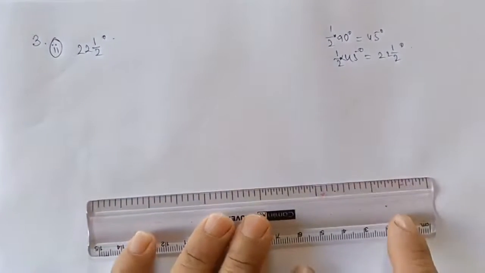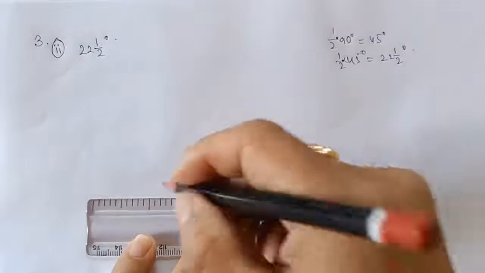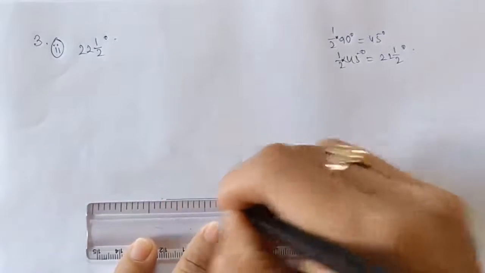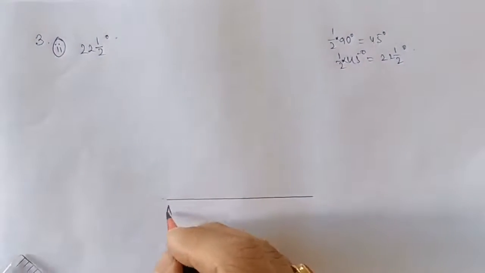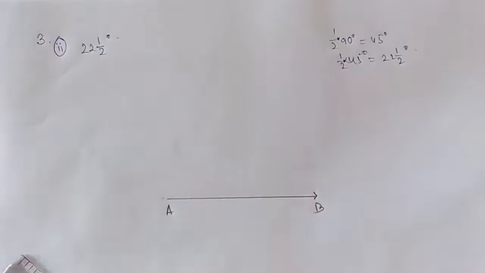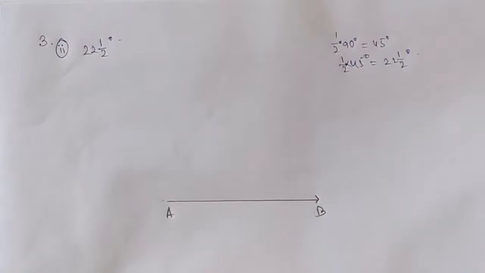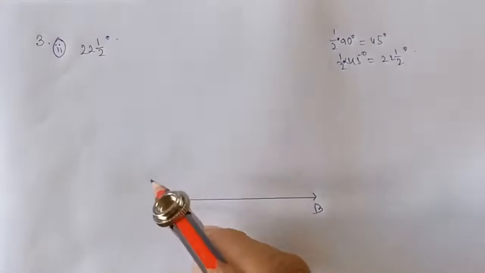So to construct the angle, let us first draw a ray AB. Ray AB is drawn, and first let us construct an angle of measure 90 degrees at the initial point A.